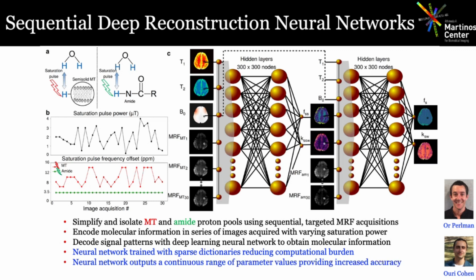The neural network outputs a continuous range of parameters, so you don't have this problem of simulating only discrete values. And it's also much faster. If you have some huge dictionary you've simulated, it can take many hours to do the dot product match with every element of the dictionary to find the best fit. Whereas with the neural network, once it's trained, it takes less than a second to generate these maps.